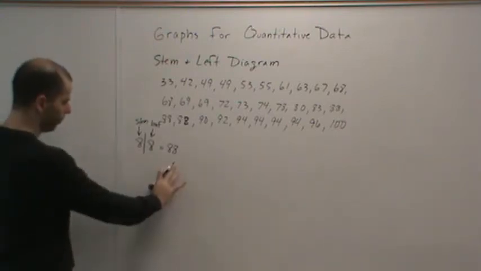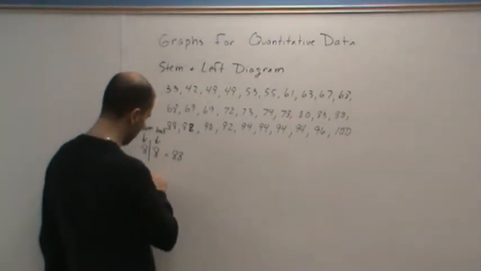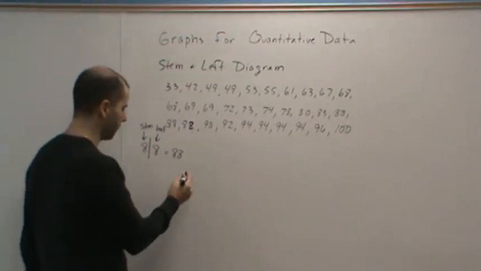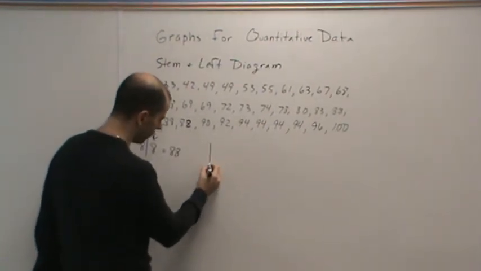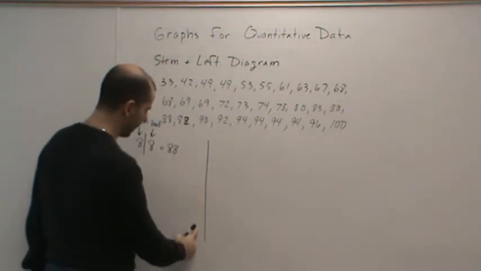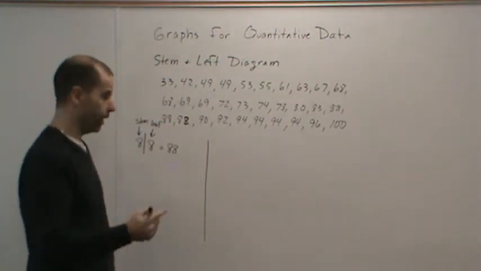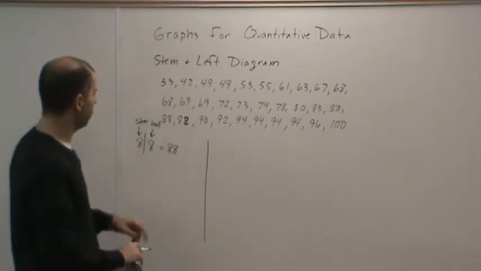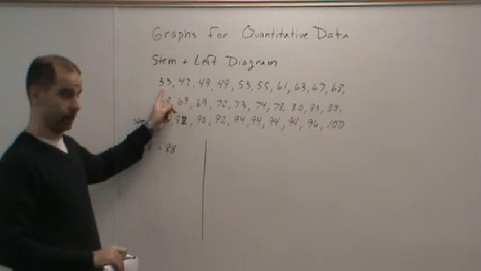Now with this in mind, I'm going to construct my graph. And once I show it to you, this will make perfect sense. So I'm going to draw a vertical line, just like that. On this side of the line is going to be my stem. So this is going to be all of my tens columns. So what's the minimum value? 30. 33.